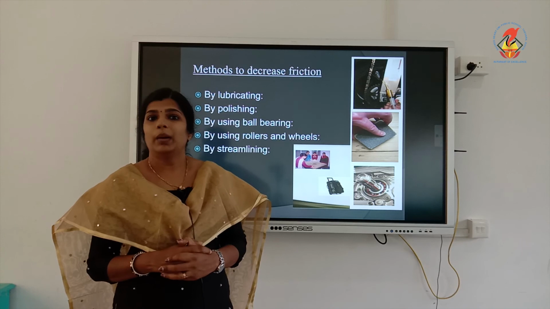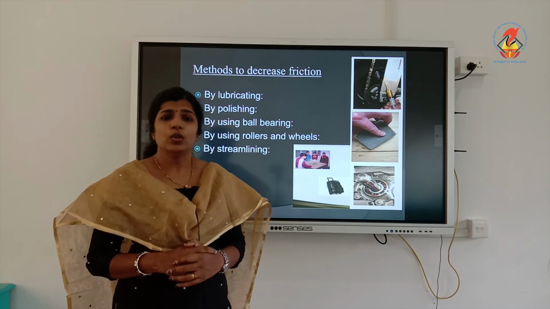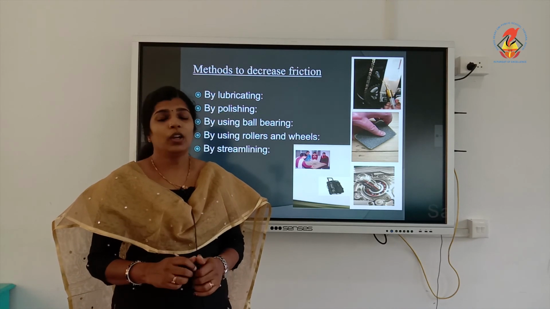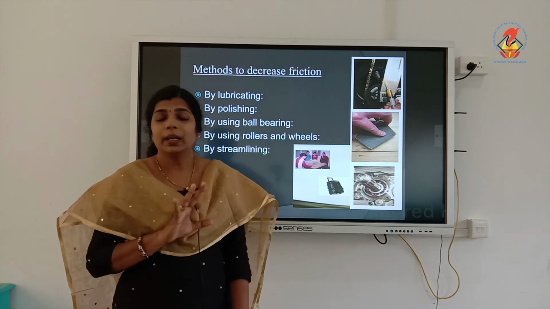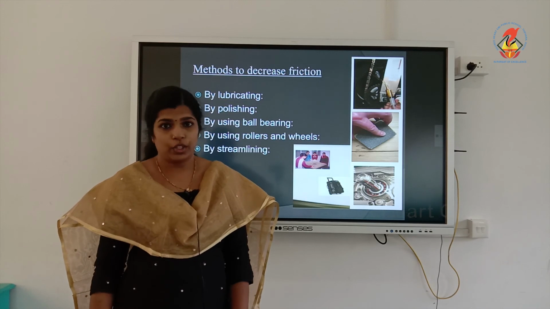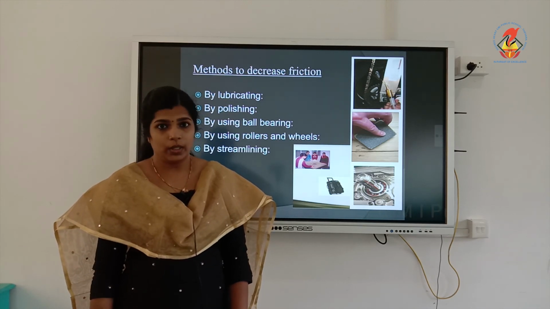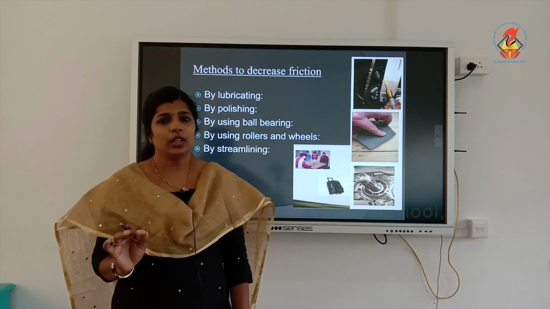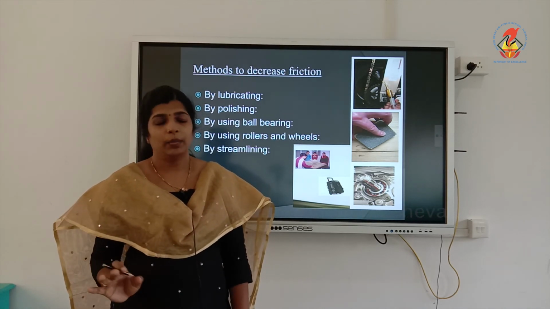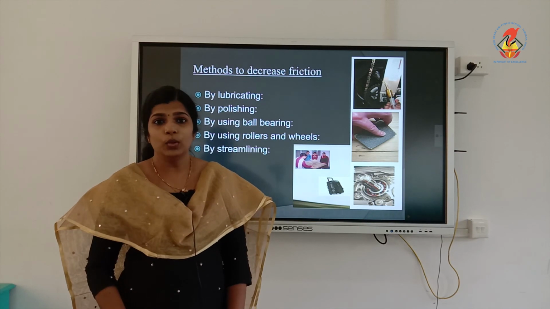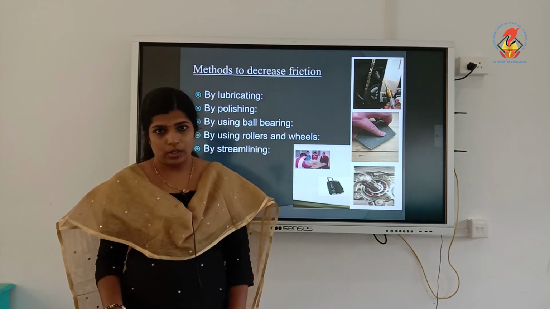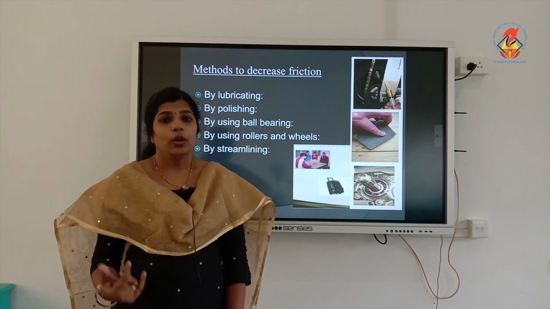The fifth one is streamlining. So many methods are there to reduce friction, but we can't reduce it to zero. We can't completely eliminate friction. We can reduce friction to an extent, but we can't completely remove it or make it zero.